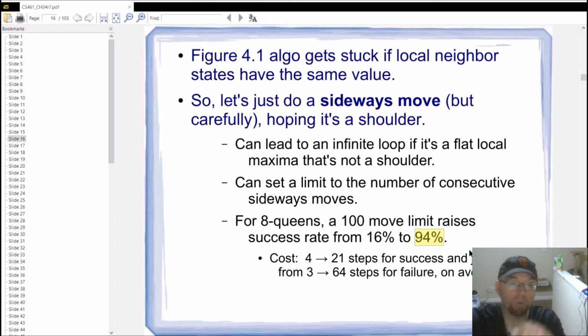Because with that 100 move limit, you could have a shoulder that's 80 nodes or 60 nodes or whatever, some number of nodes. And so doing the sideways moves is eventually going to get you to a node that has a greater value than where you were at.